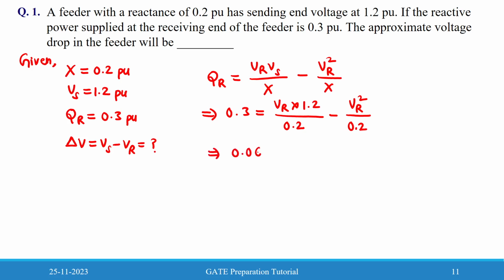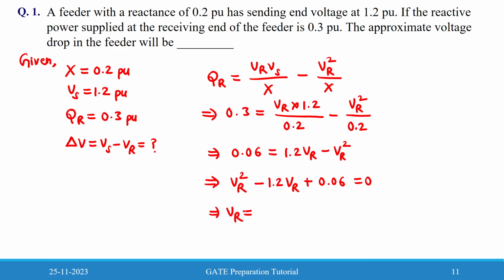So you will get 0.06 equals 1.2 VR minus VR square. So it will be VR square minus 1.2 VR plus 0.06 equals 0. So you will get the magnitude of receiving voltage as 1.147 or 0.0523.